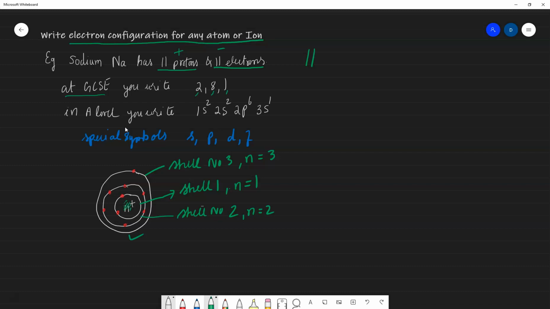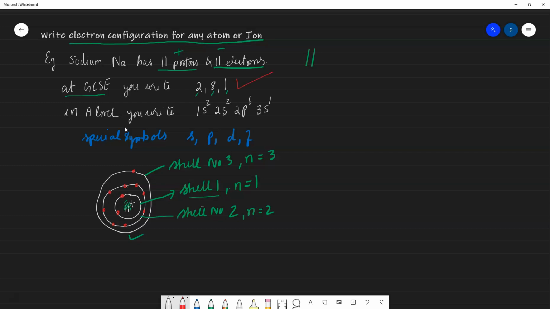Surrounding that, you've got 2 electrons, in shell number 1, which you can also call the first shell. In the second shell, there are 8 electrons, and in the third shell, also called shell number 3, there is 1 electron. So all put together there are 11 electrons.